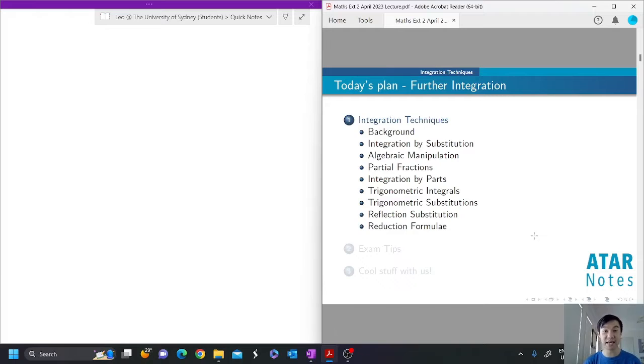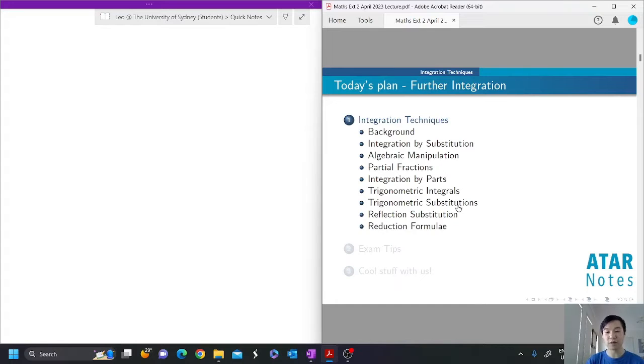So this is the game plan for today. We'll try to touch base on basically all of the integration techniques you'll be looking at in Extension 2. We'll be looking at integration by substitution, and how you can do algebraic manipulation to help you solve an integral. We'll be doing partial fractions and integration by parts. We'll be looking at trigonometric integrals and tips with complicated trig results, as well as trigonometric substitutions.